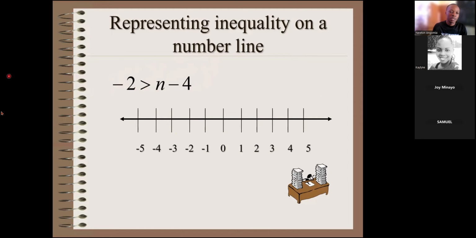And where do we represent it? We shall put this particular value here at this point. We don't shade. Let me use a pen to annotate that.